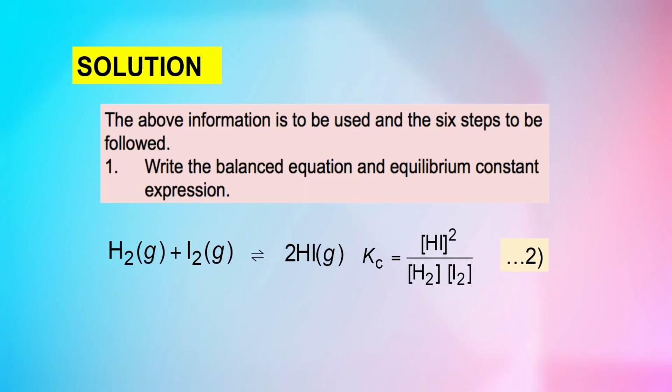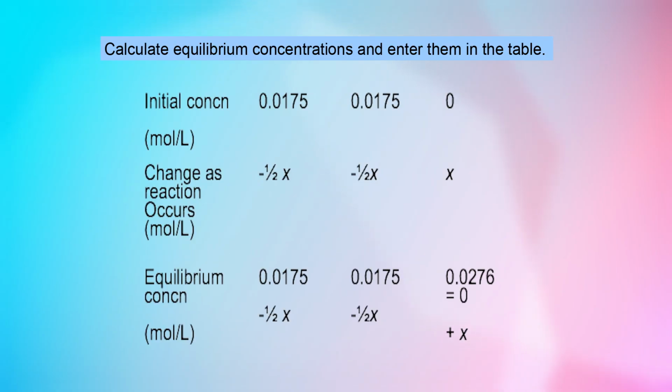Yes. Again, for this you first write down the balanced equation, then write down Kc, which is equal to the products raised to the power of stoichiometric coefficients divided by the reactants to the power of the stoichiometric coefficients. Next, you again put the table. Here in this table you see the initial concentration of hydrogen, iodine, HI, then the change as it occurs.